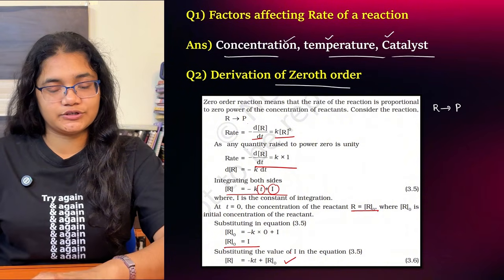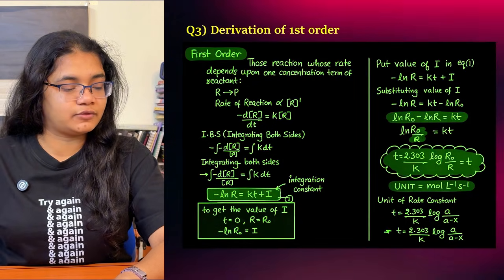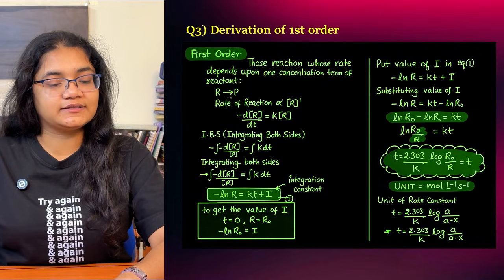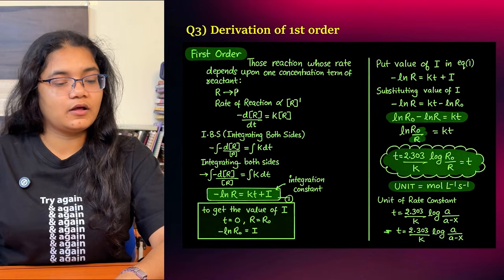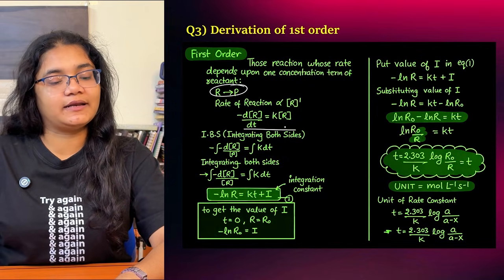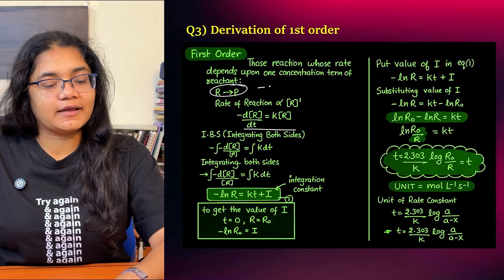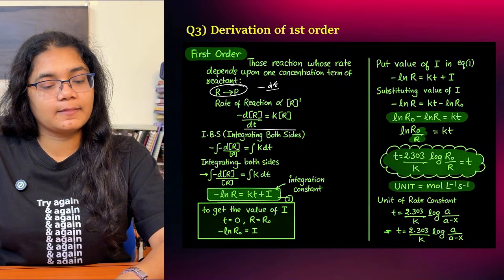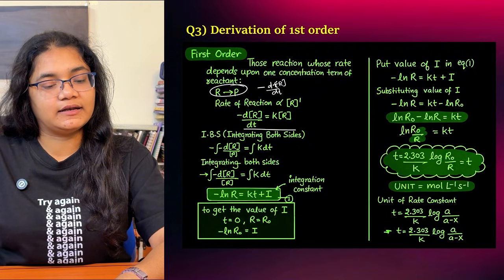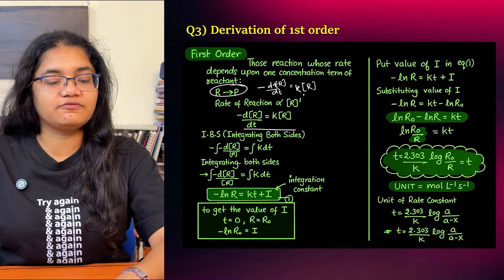Now coming to the derivation for the first order, here also you have to understand the reaction is like this: R gives you P. So the rate of the reaction, minus dR by dt, is equal to kR, because it is a first order reaction.